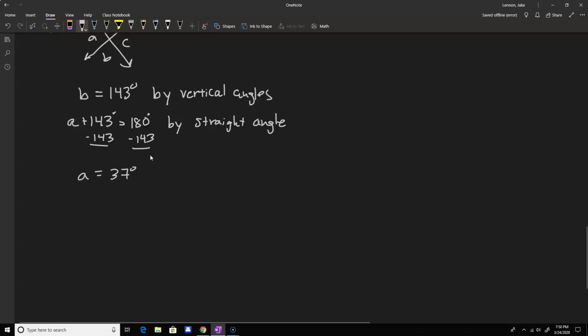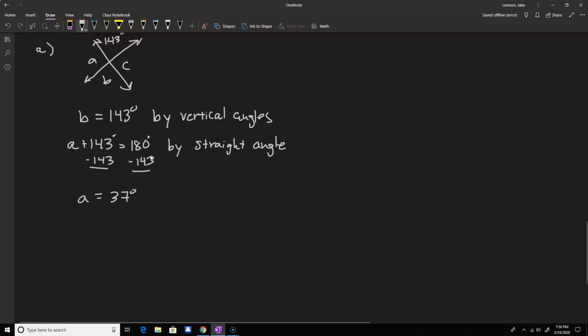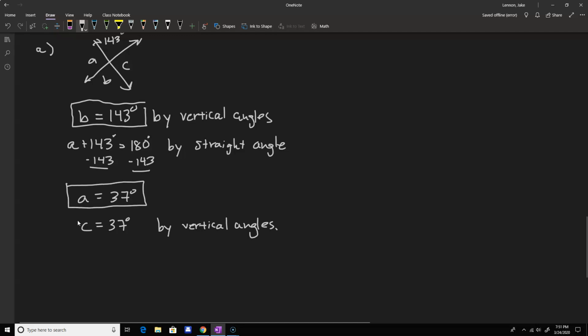And then we know, if you look at the picture, A is a vertical angle with angle C. So C has to also equal 37 degrees by vertical angles. So these are the missing angles we've identified in this example: B 143, A 37, and C 37.